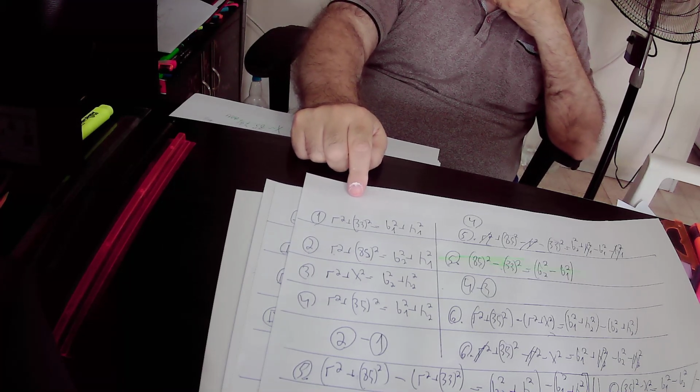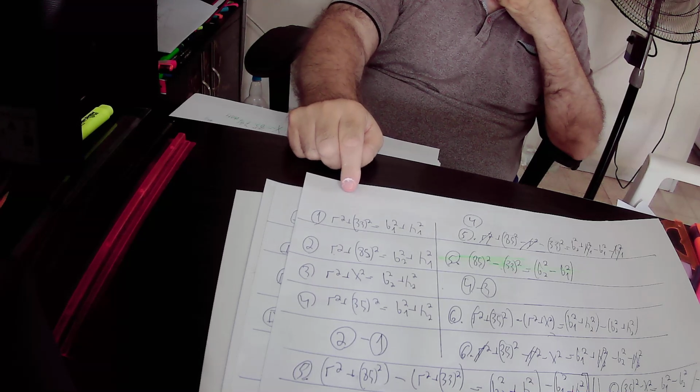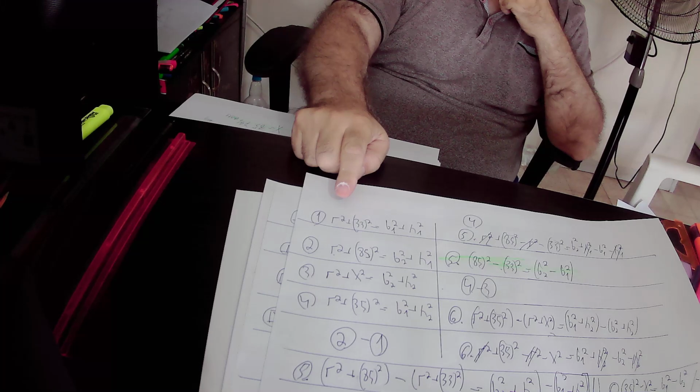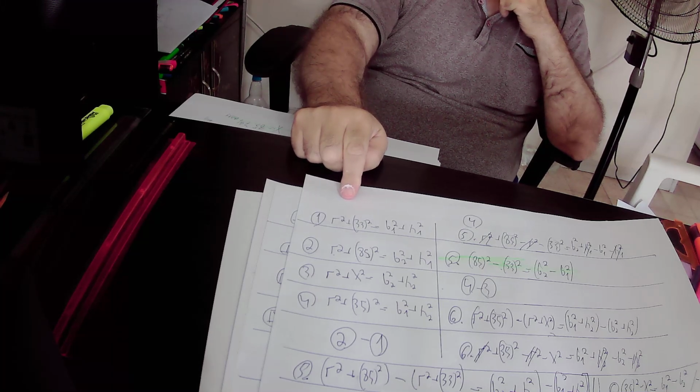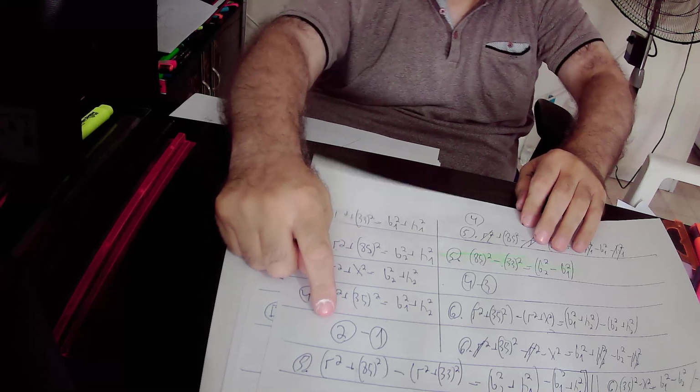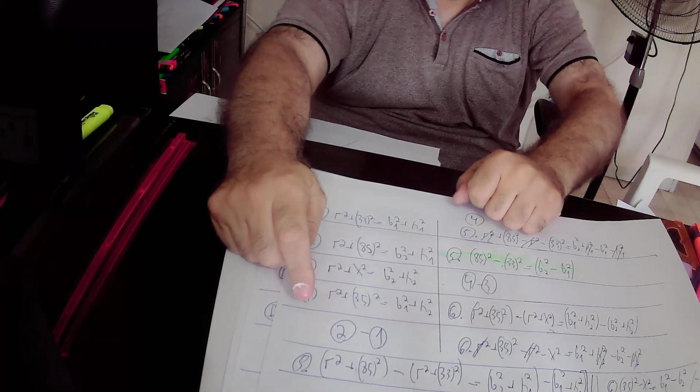Okay, and here we subtracted equation number 1 from equation number 2. Put it, equation number 2 minus equation number 1.